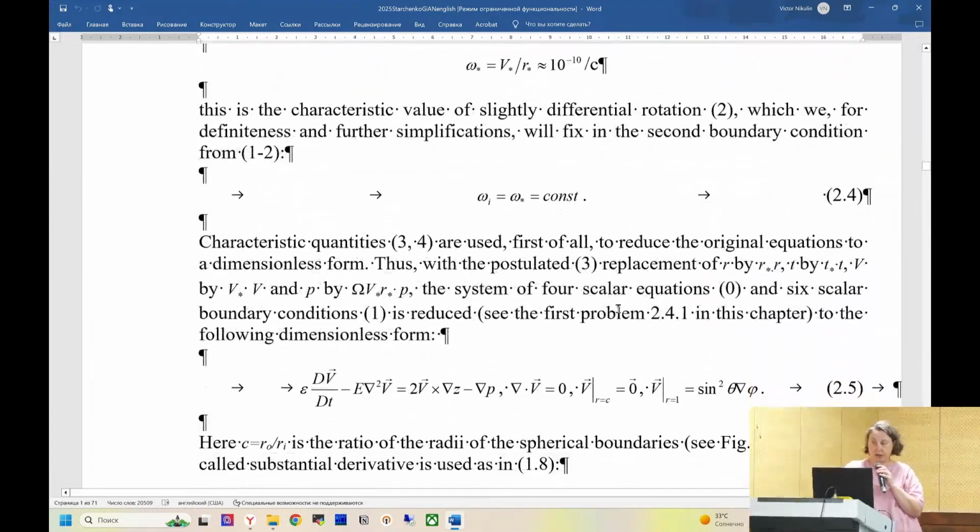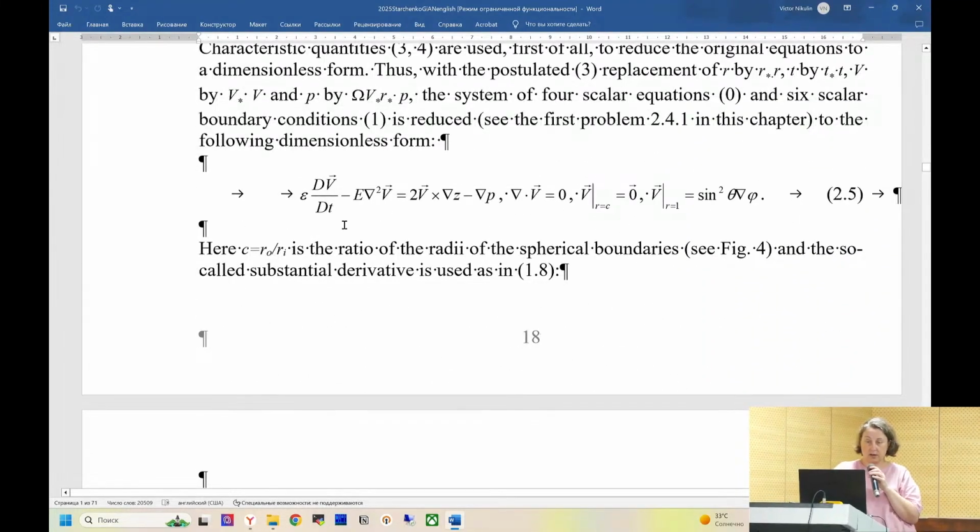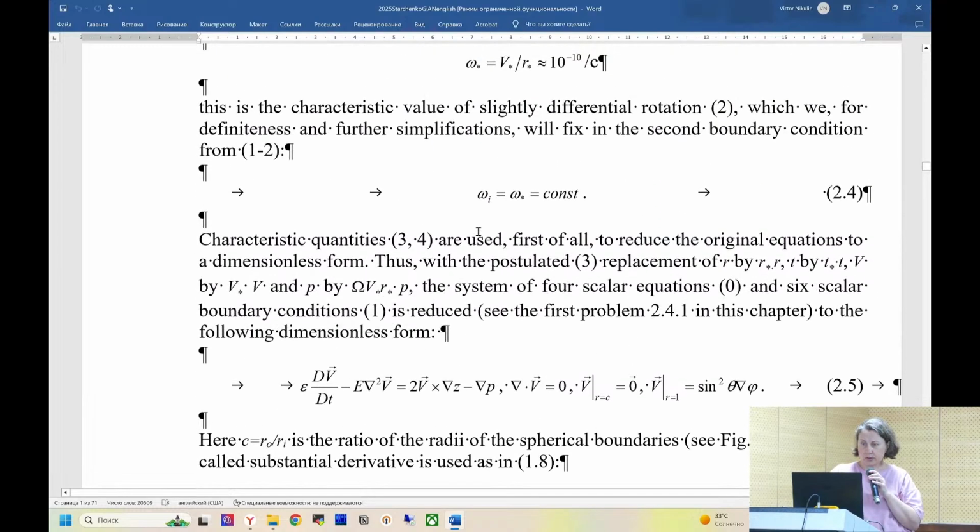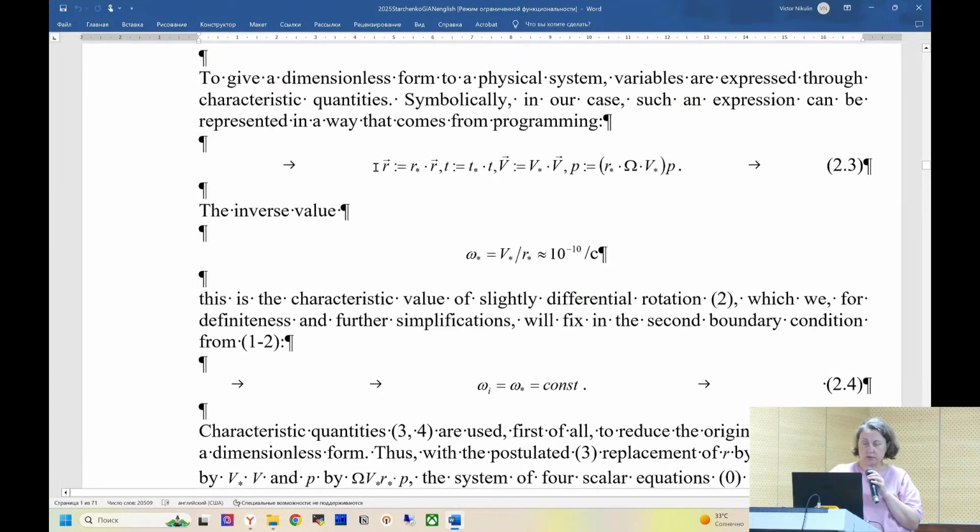System 5 is just the dimensionless system, so the Rossby number and Ekman number appear. They appear because we used this set of scaling.